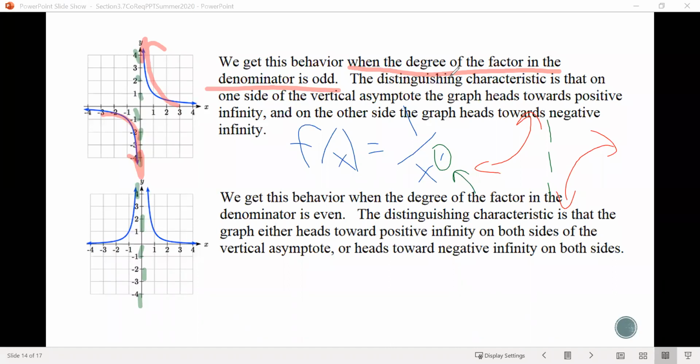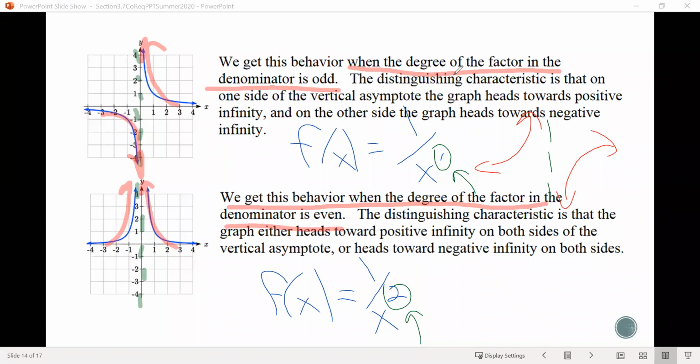For the reciprocal squared function, notice that the tails on each side of the vertical asymptote go in the same direction. We get this behavior when the degree of the factor in the denominator is even, which makes sense because the formula for the reciprocal squared is f of x equals 1 over x squared, so our power here is even.